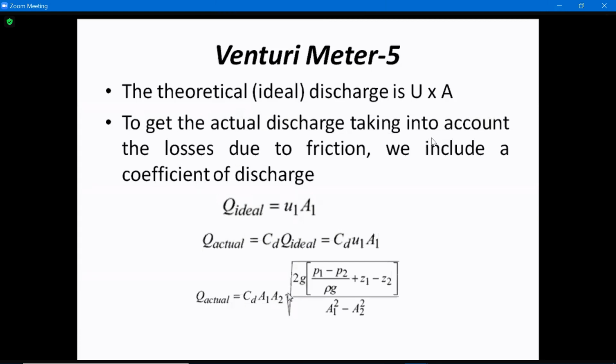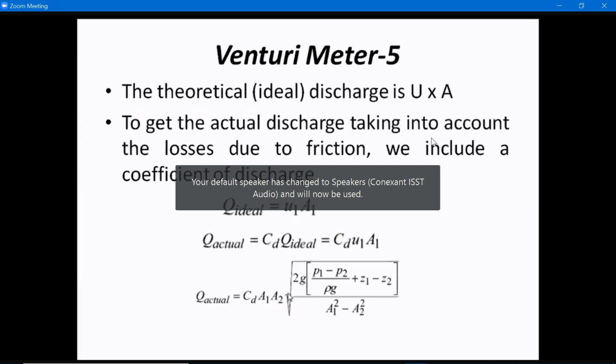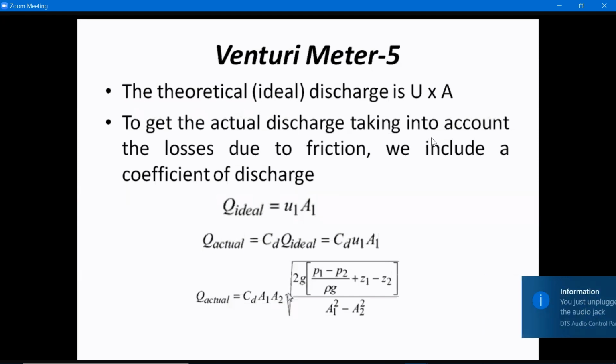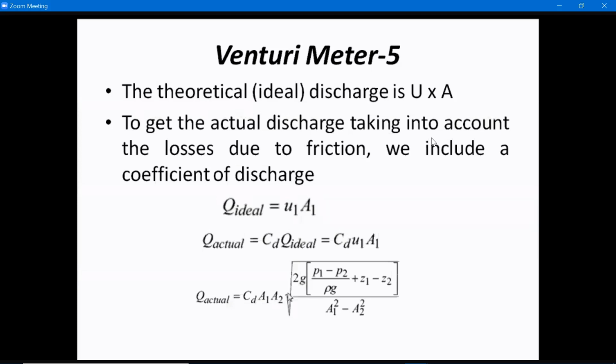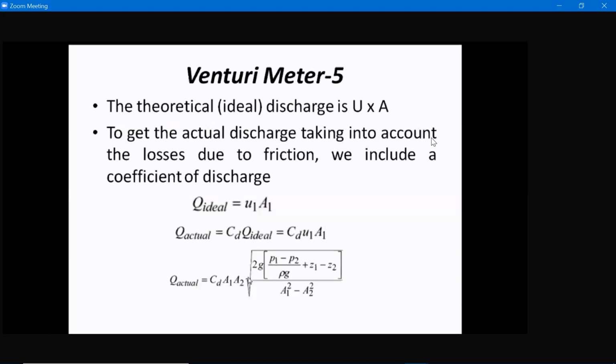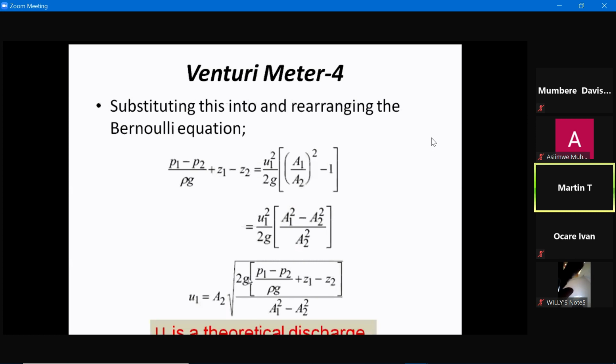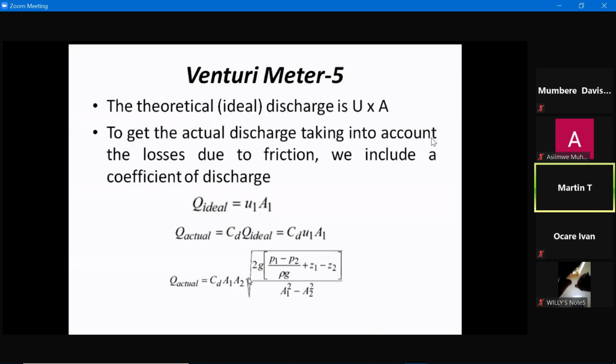Each venturimeter has its own coefficient of discharge, depending on the venturimeter you're using. So it is CD times A1 times U1, and U1 we already have as A2 square root of those terms. That would be the actual discharge as measured by a venturimeter.